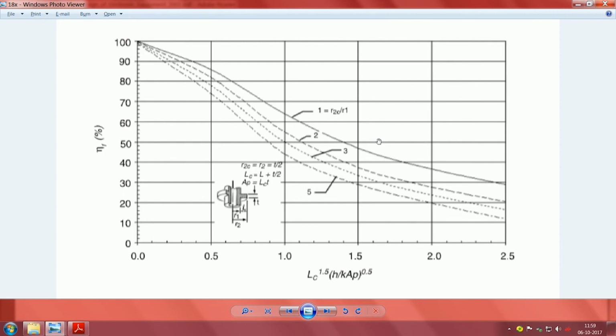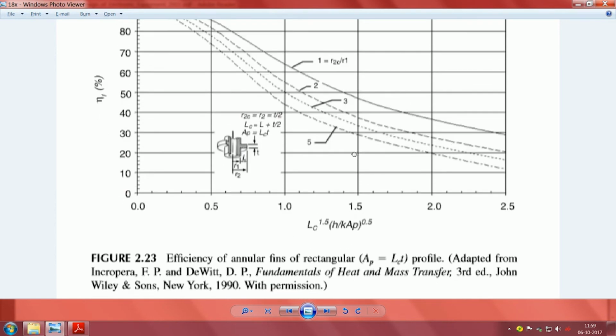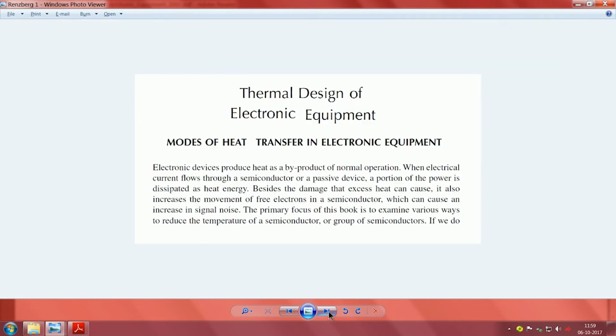Same thing about circular devices. So, in case these things vary and they are tapered and all that, what can happen is like that. At this point, I think I will stop.